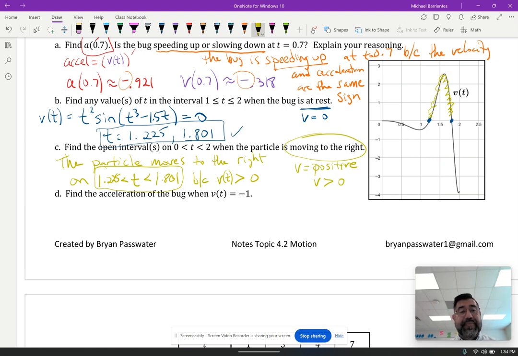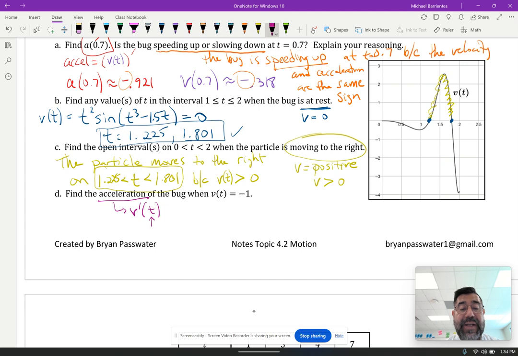That's it. And then finally, part D: find the acceleration of the bug when the velocity is equal to negative 1. Well, wait a minute. In order to find the acceleration, I need to take the derivative of the velocity, but I also need a time, and I don't have a time.